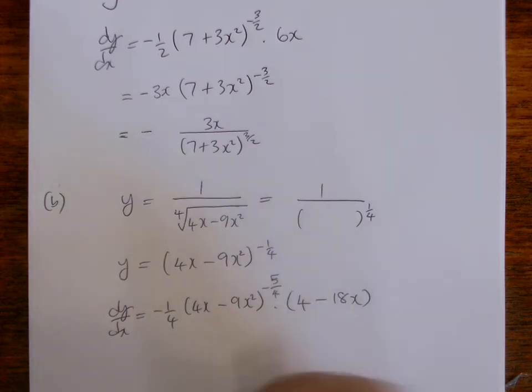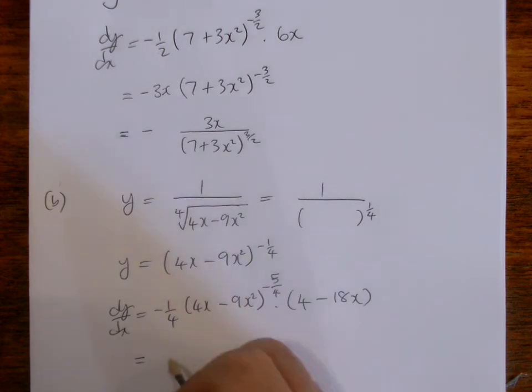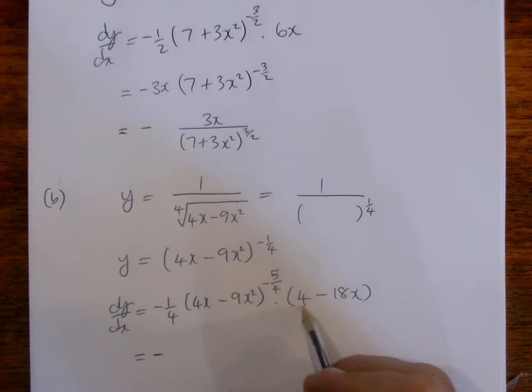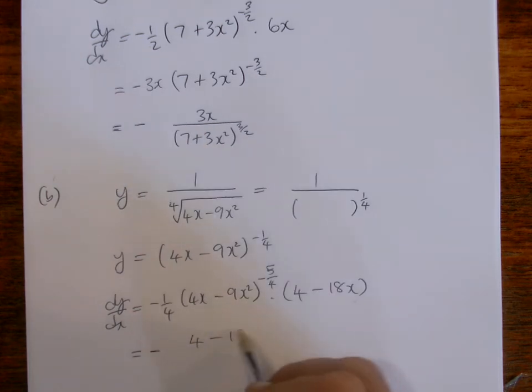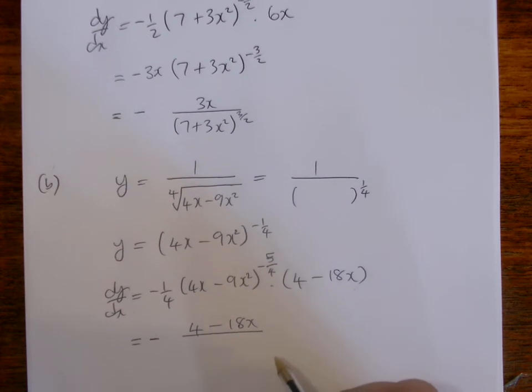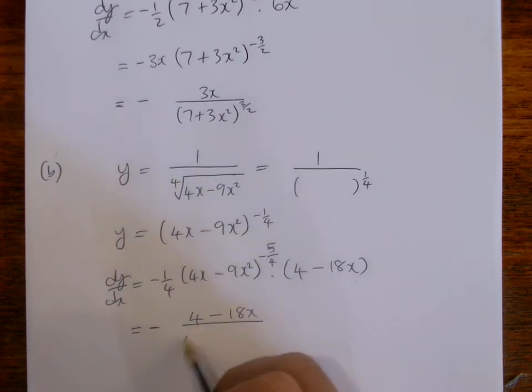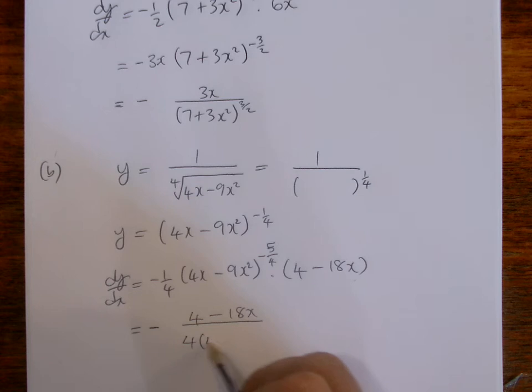So in this case then we've got, well, minus here, 4 minus 18x goes on top. On the bottom then we've got 4, and we can take this bracket down and change it to a positive power.